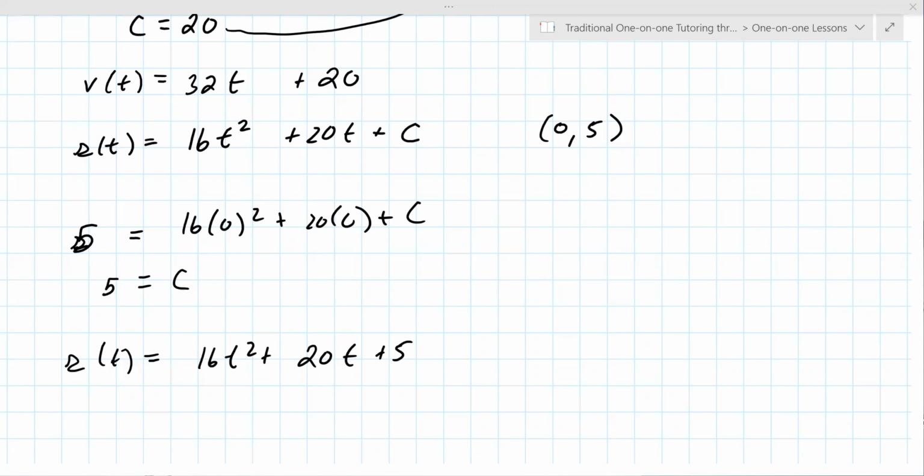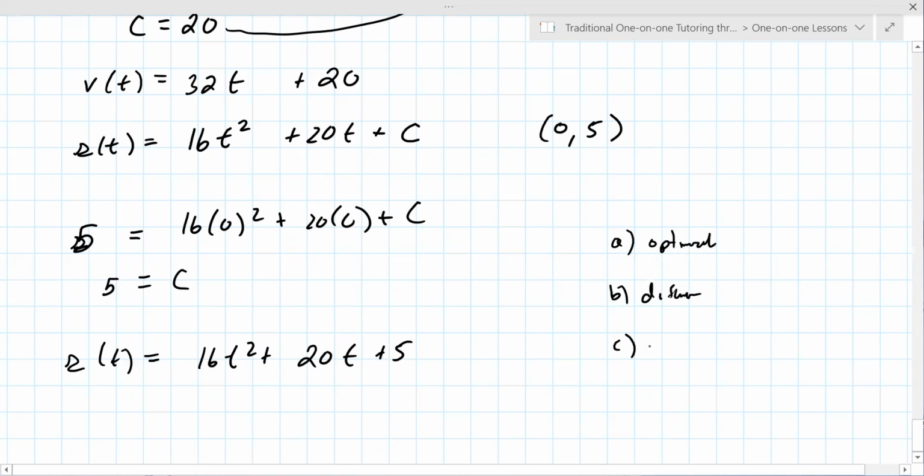Section B is differentials and linearization. Section C is related rates, and section D is connecting F with F prime and F double prime graphically and algebraically. So we've done a ton of D. Yeah, the first whole thing that we did was that one.